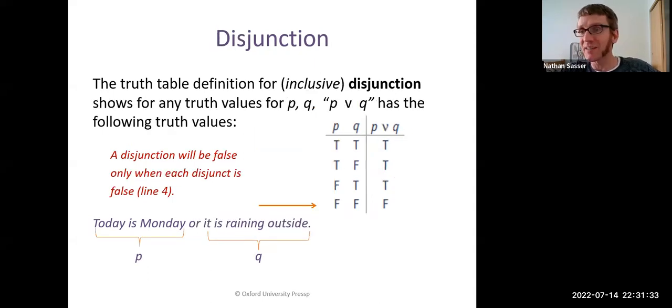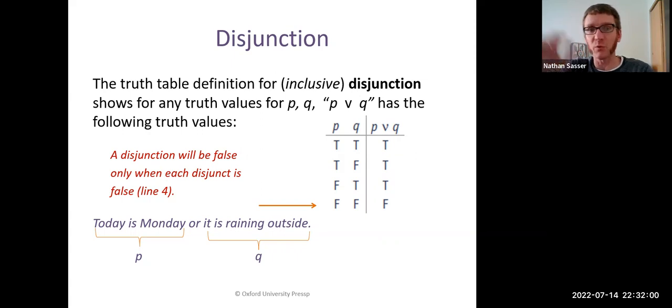Next is disjunction. And a disjunction is just an or statement. It's represented by the wedge. So a disjunction is going to be true when and only when at least one of the disjuncts is true. The only time that a disjunction is false is when both of the disjuncts are false.